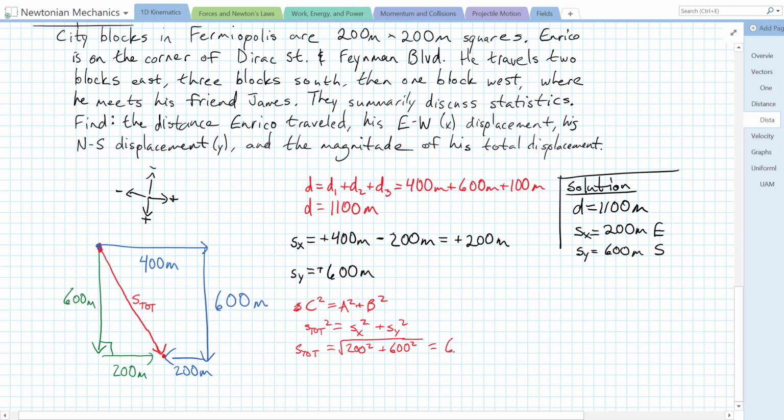We get 630 meters, rounded to two significant digits. So there's our S total, 630 meters. So there's two problems of different difficulties in which you have to find the distance and displacement of some different motions. Bye.